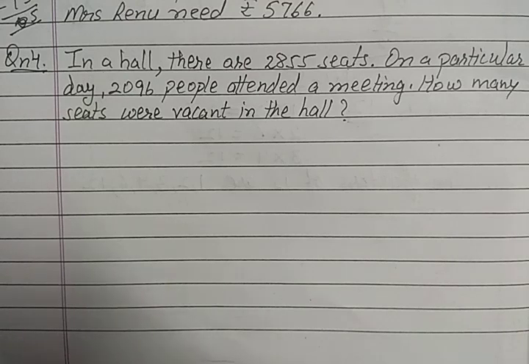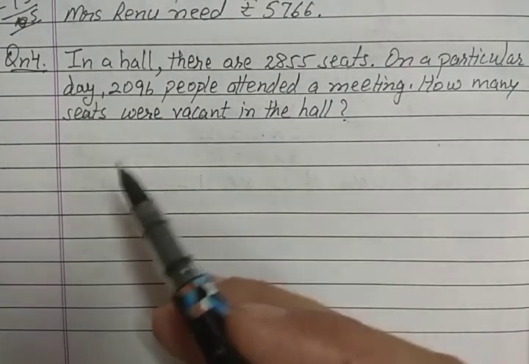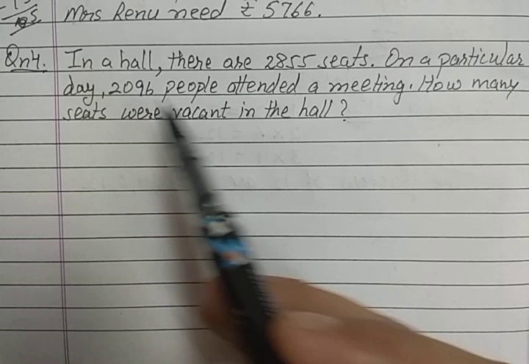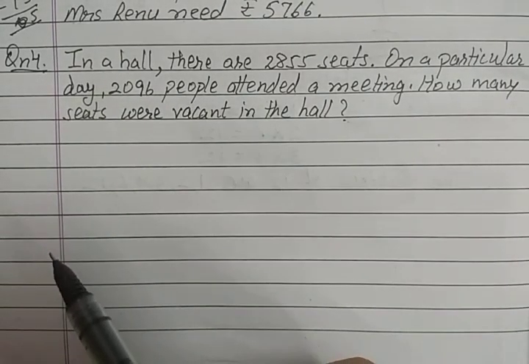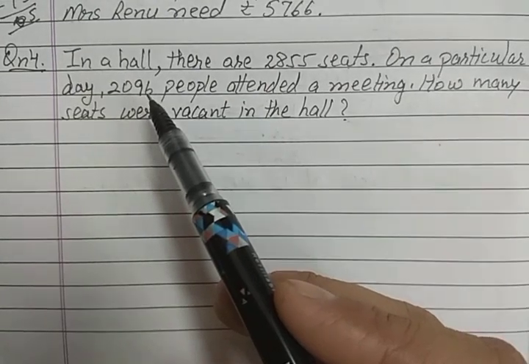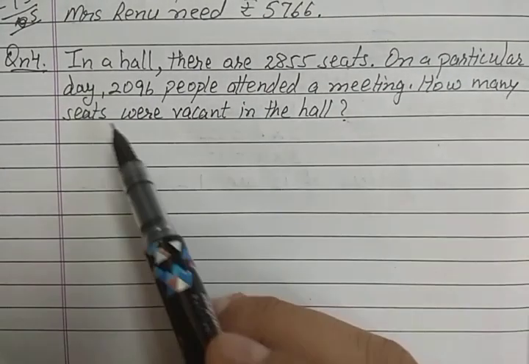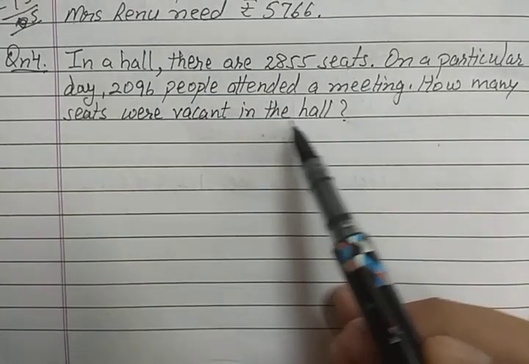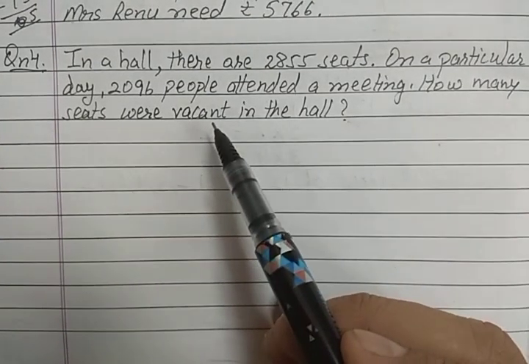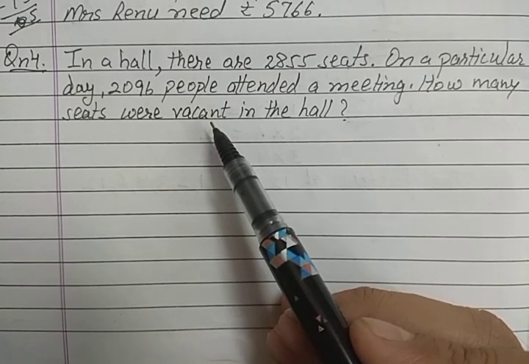And there was a meeting, and in that meeting 2096 people attended. So that means 2096 people came there. So the question is, how many seats were vacant in the hall? Vacant means खाली थी. कितनी seats खाली बच गई?